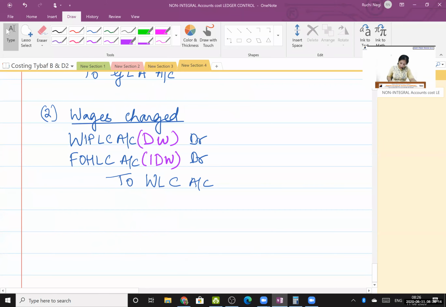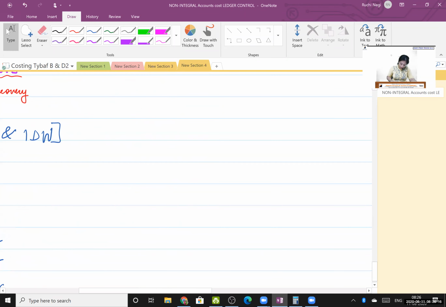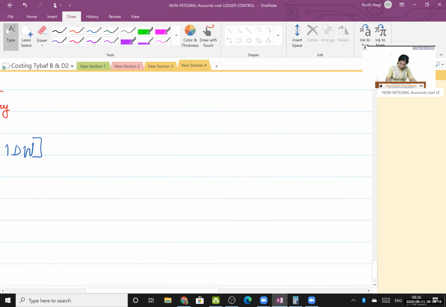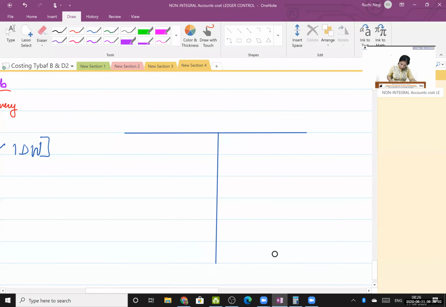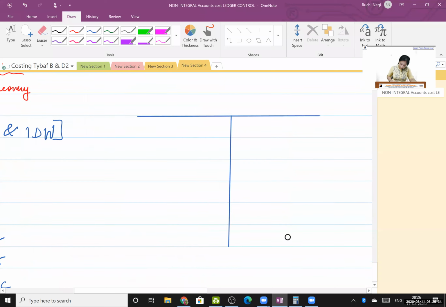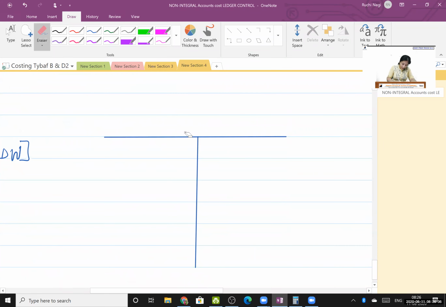The third journal entry will come out of the ledger. I'm just making a ledger here, wage control account.